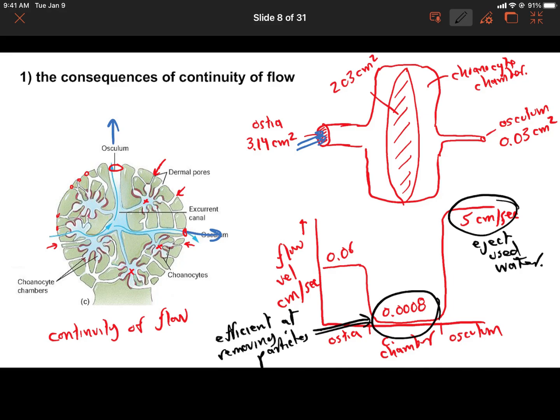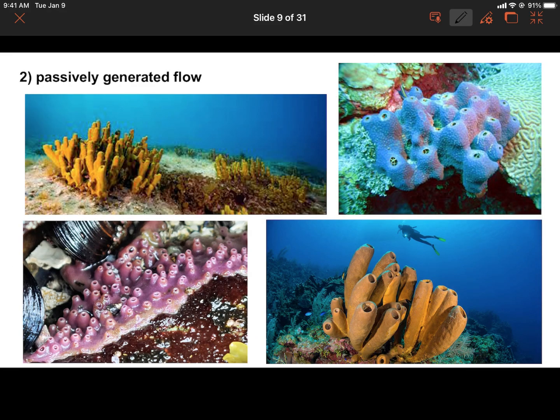Okay, I have another flow-related topic which is really interesting as well, quite different from this one. That has to do with the generation of flow through the body, which we've already talked about a little bit. This is based on an observation made in the 1970s by a guy named Steve Vogel, who's a biomechanicist, and he made the observation that a lot of sponges look like this.